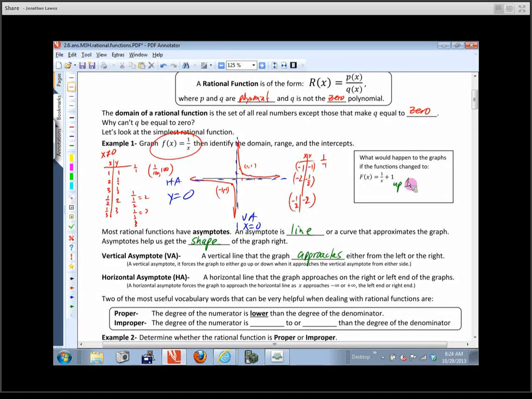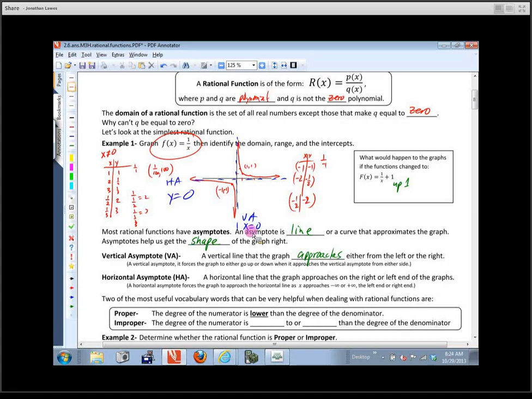So if I were to look at this graph right here, 1 over x plus 1. What did we say this would do to that graph right there? It would move it up 1. Well, if it moves everything up 1, will it change the vertical asymptote? Not the vertical asymptote, okay? Because the vertical asymptote is right here. It's x equals a number.